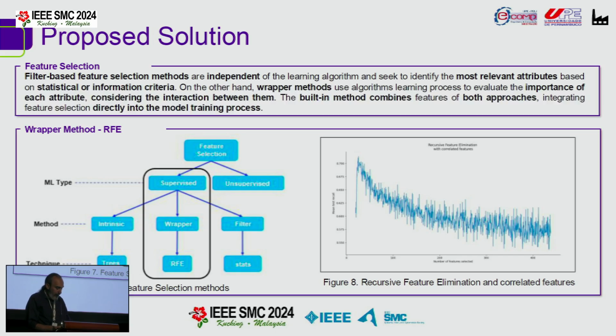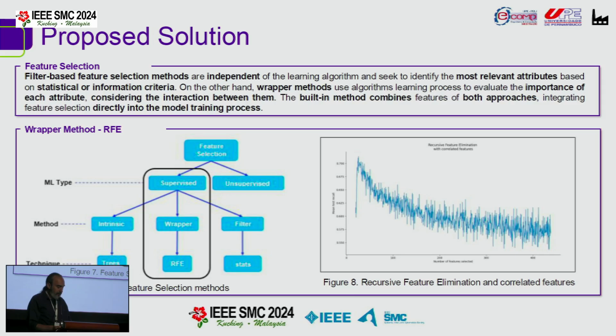Filter-based feature selection methods are independent of the learning algorithm and seek to identify the most relevant attributes based on statistical or information criteria. On the other hand, the wrapper methods use the algorithm's learning process to evaluate the importance of each attribute, considering the interaction between them. The embedded method combines features of both approaches, integrating feature selection directly into the model training process.